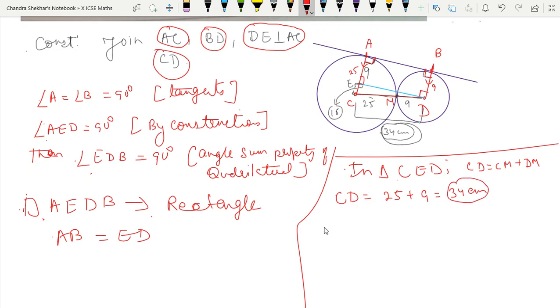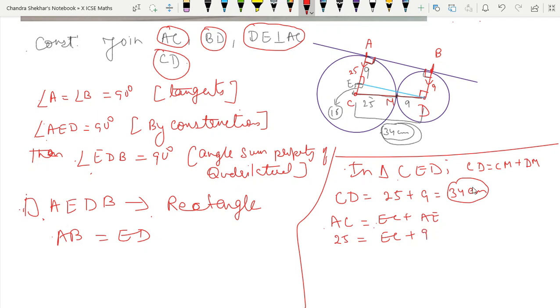Now AC is equal to EC plus AE. AC is 25, they have given you. EC is to be calculated, and AE is 9 centimeter.